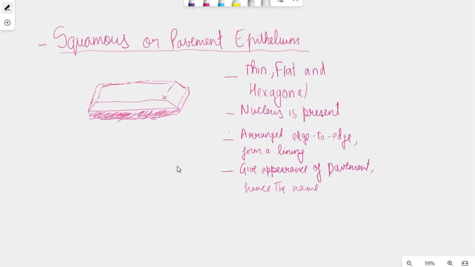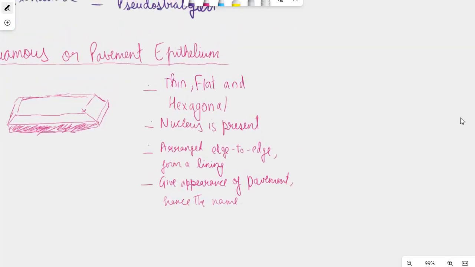So now we have done the structural features and now we'll do the location. It is present on many parts of the body. The first is skin, then the lining. Basically it lines the following organs: alveoli of the lungs.